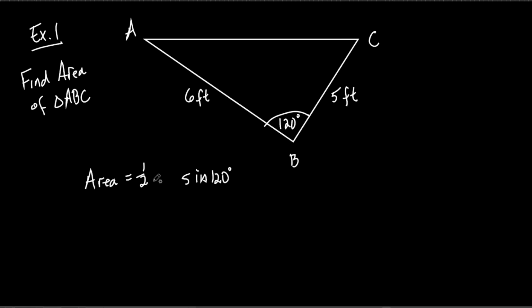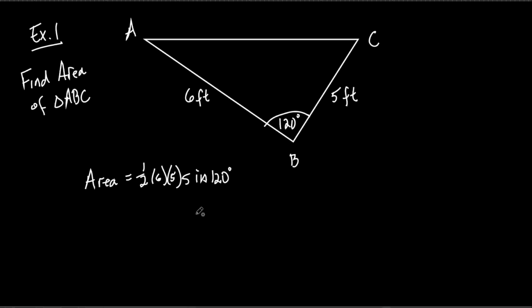If this was B, what do we do here? A and C, right? Which are the other two sides. This would be side B right here. So we don't use that. We just use the other two sides. So whatever angle that we're taking the sine of, we just take the other two sides and we multiply it here. So that would be what? 6, I could put that in parentheses, 6 and 5. That's supposed to be an S for sine right there.